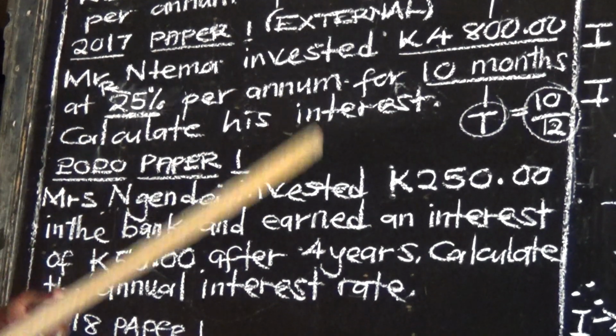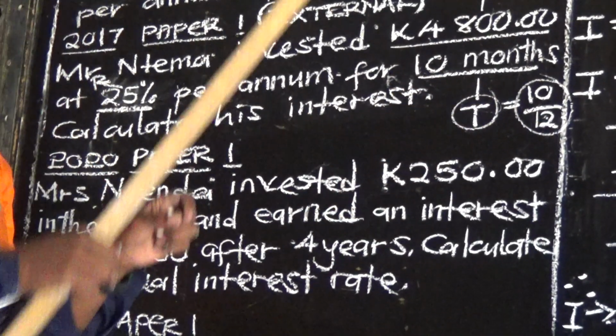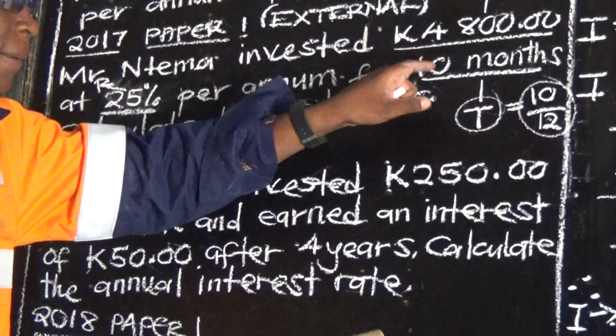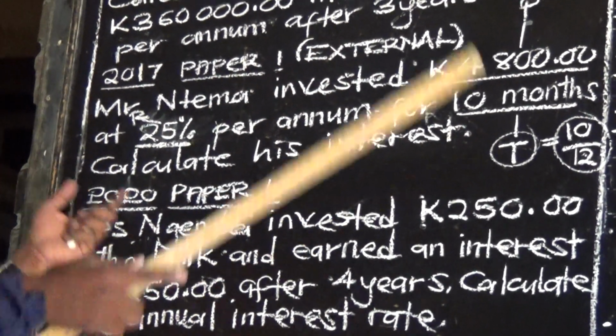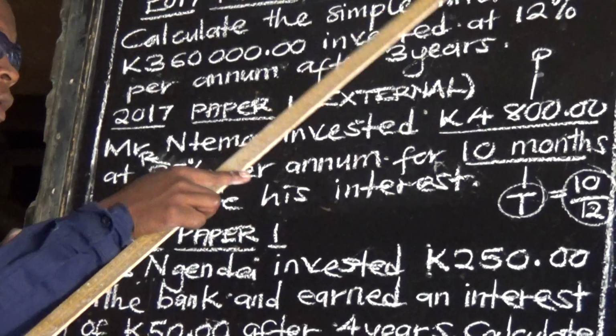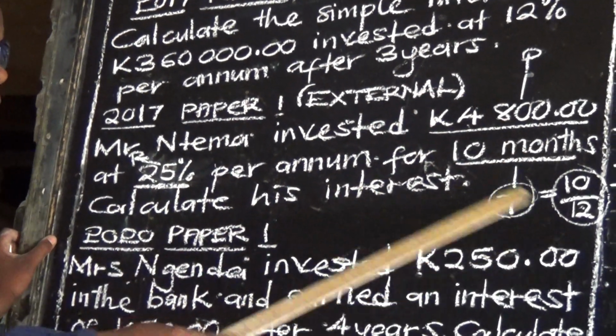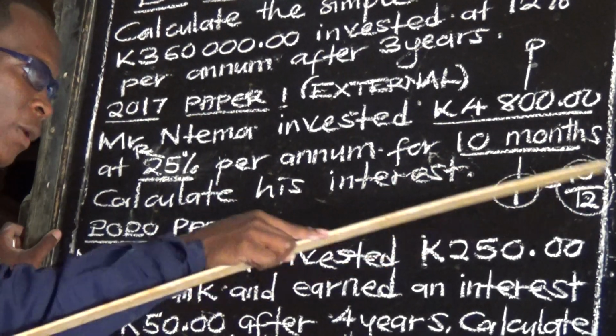Time should be in years. If you have been given time in months, you convert the months into years by just dividing the number of months by 12. If it was 3 months, you could have said 3 over 12. If it was 6, you could have said 6 over 12. But in our case, it's 10 months, so you say 10 over 12 as our time.